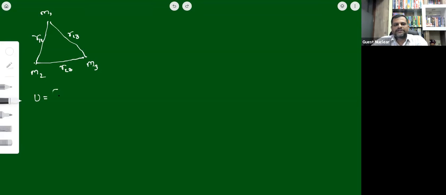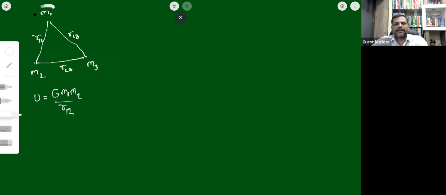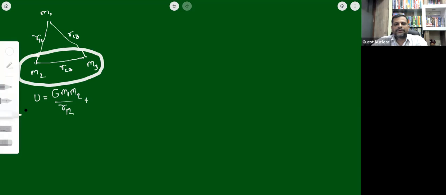तो जिससे हमको ये मिलेगा G m1 m2 upon R12. Here this is actually going to be the potential energy between this system of two particles which are of masses m1 and m2 only. ये जो m1 m2 masses का सिस्टम है उसके अंदर कितना पोटेंशियल एनर्जी स्टोर्ड है, तो इतना पोटेंशियल एनर्जी स्टोर्ड है G m1 m2 upon R12 plus now we have to think about the potential energy stored in this system, that is m2 and m3.